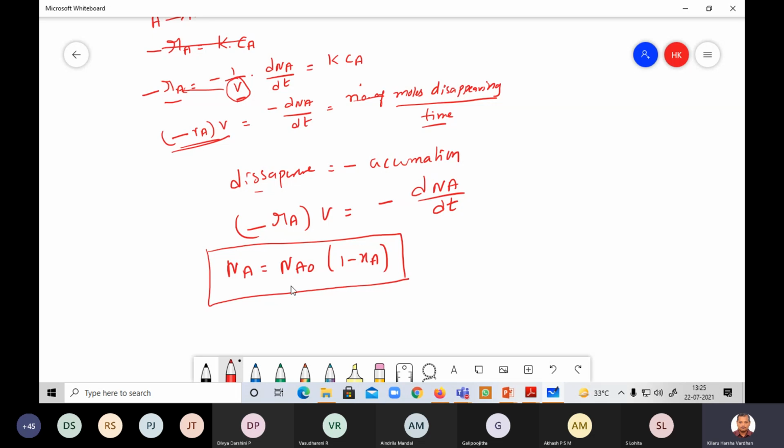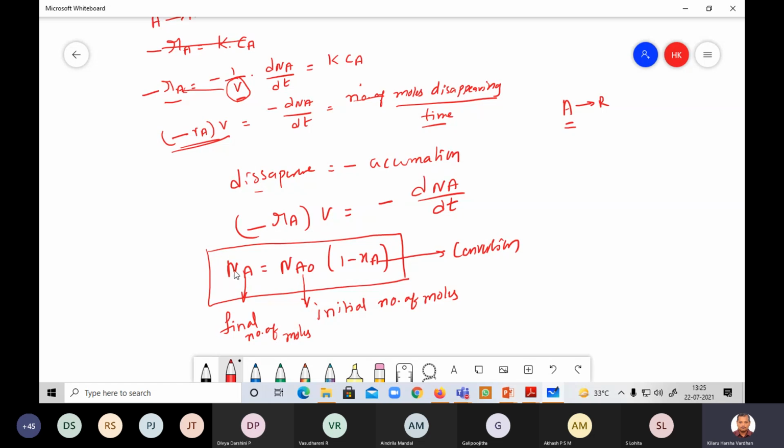NA naught is the initial number of moles. NA is the final number of moles. XA is the conversion of A. I'm writing only for A because my reaction is A giving you R, so I'm writing based on A.